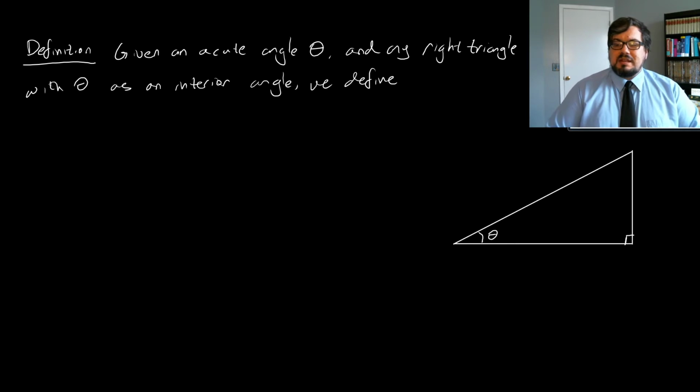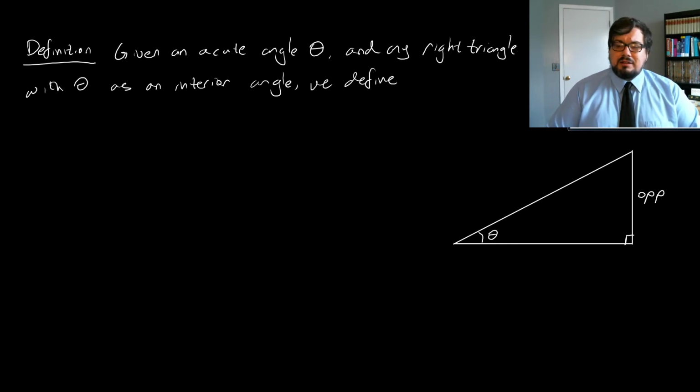And what I'm going to do is identify the 3 sides of this triangle using terms with regards to this angle. So for instance, I'm going to label this side OPP for opposite. The side of the triangle which isn't adjacent to the angle theta is called the side opposite theta.